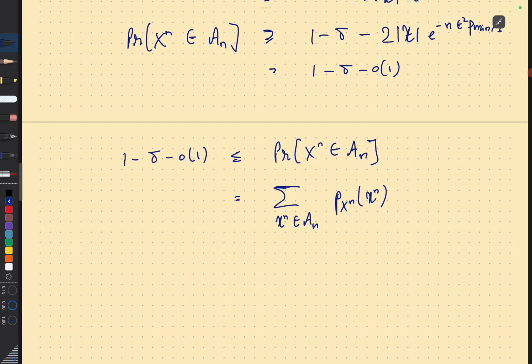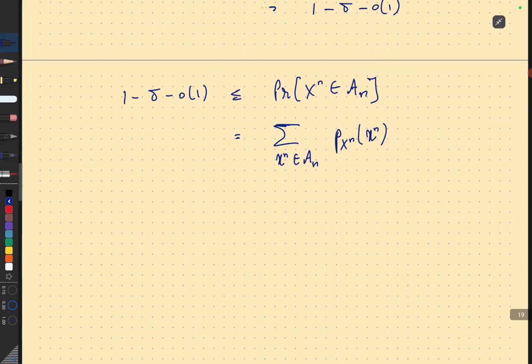I've done nothing here, I've just expanded this out as a sum of probabilities of individual sequences that lie in the set A_n. But now what is A_n?